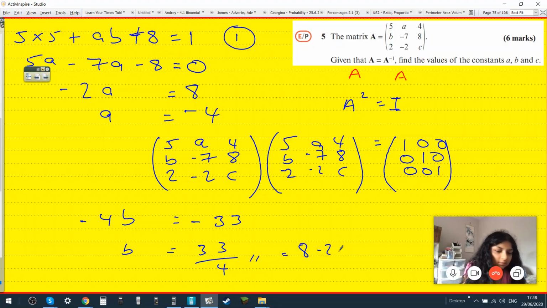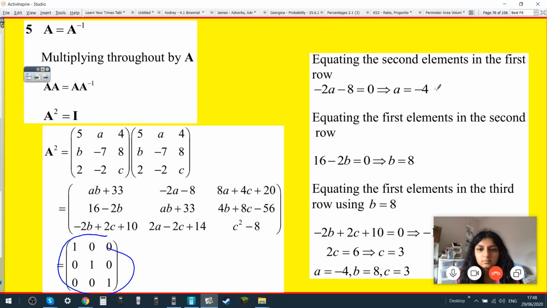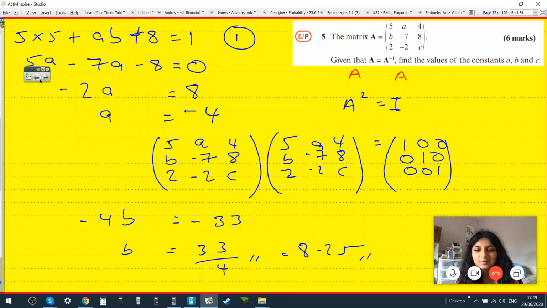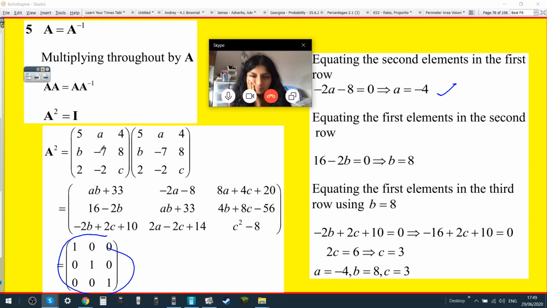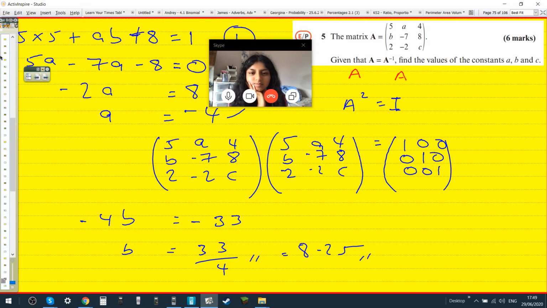Okay, I was just trusting your numbers in there. A is minus 4. Oh, B is 8. Hang on. Let's see. Did we not do this first one right? So 5 times 5 plus A times B plus 8 equals 1. They're saying that's AB plus 33 equals 1.